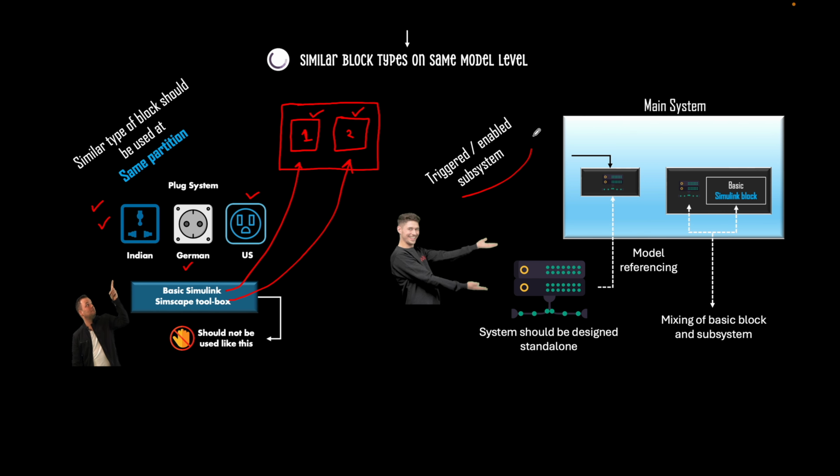Next is the triggered and enable subsystem. Suppose you have defined a triggered subsystem or an enable subsystem, then you need to have a model that will be running inside the subsystem, and whatever you use inside this should be standalone.